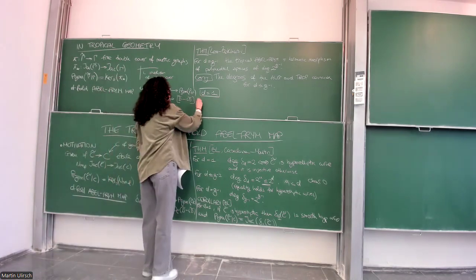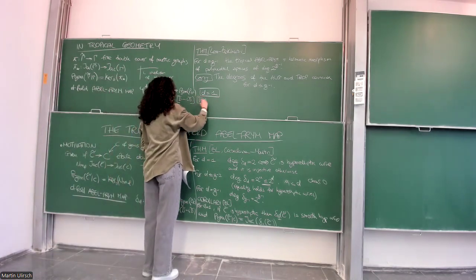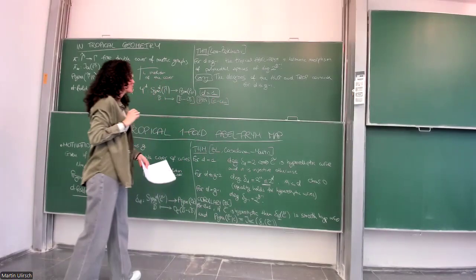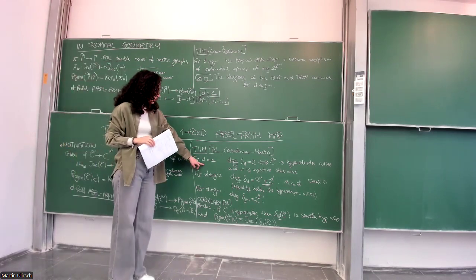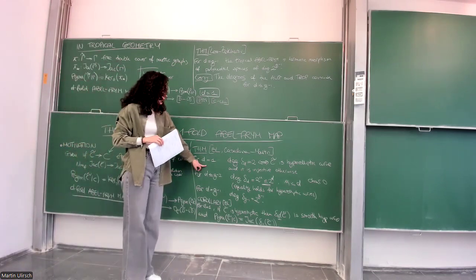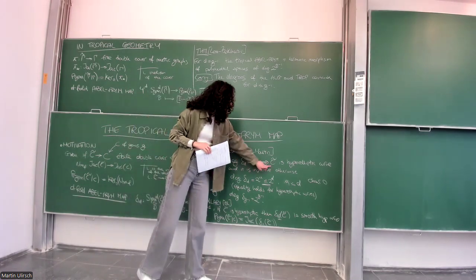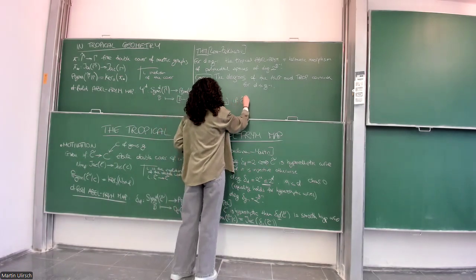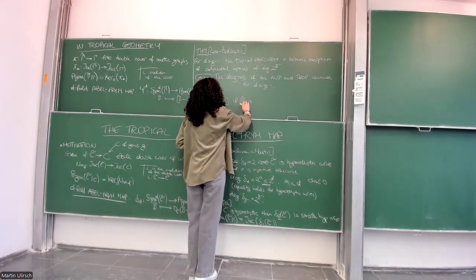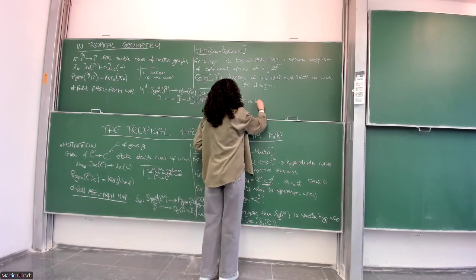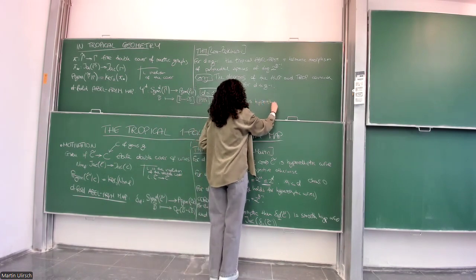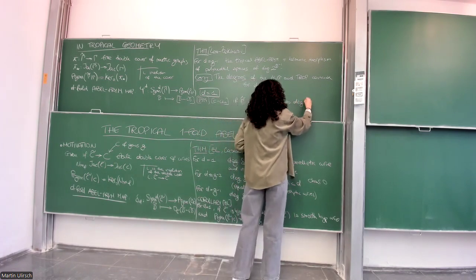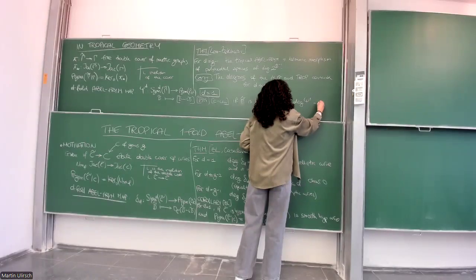And yeah, what we did was considering the degree one Abel-Prym, and we proved that actually one of these is true. If gamma tilde, if the graph is hyperelliptic, then the degree of the map is 2.